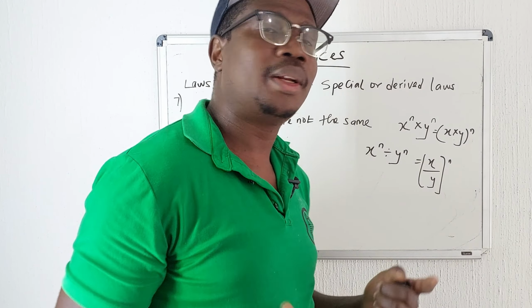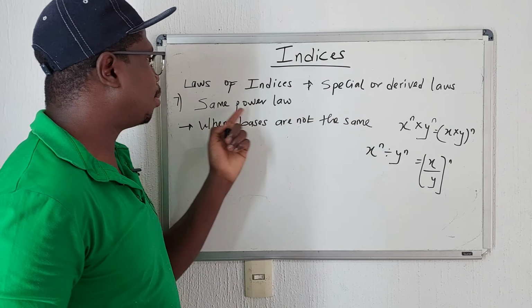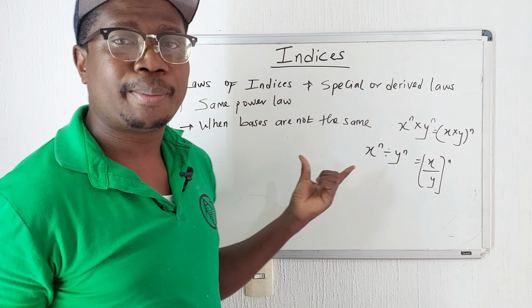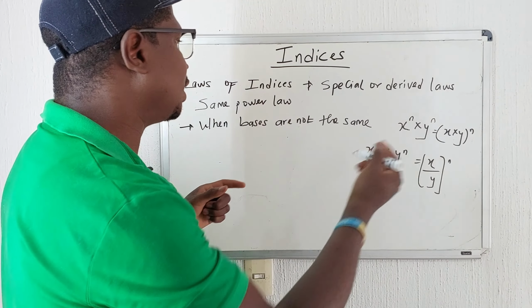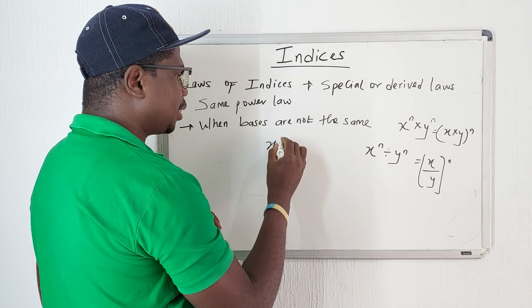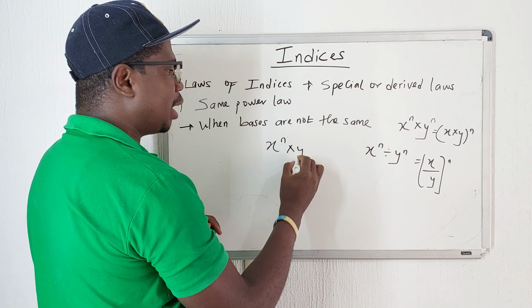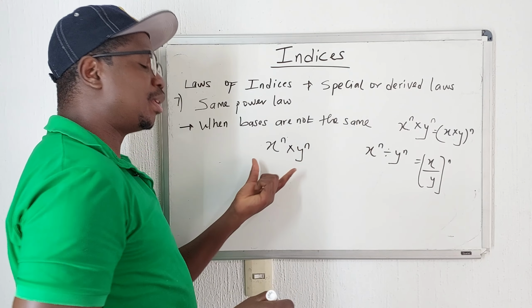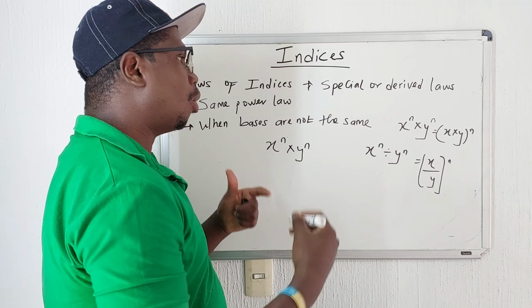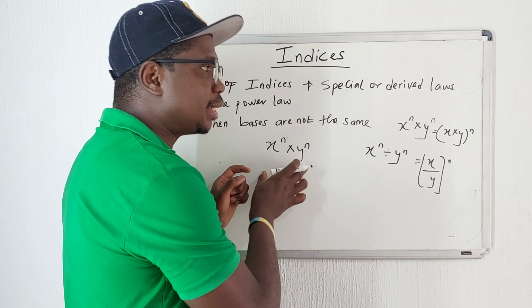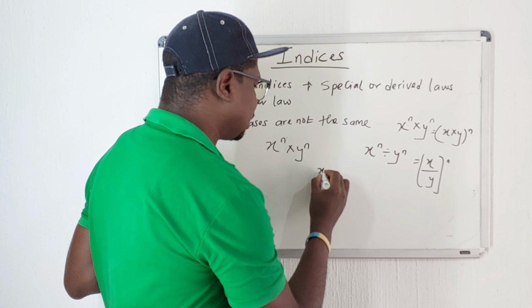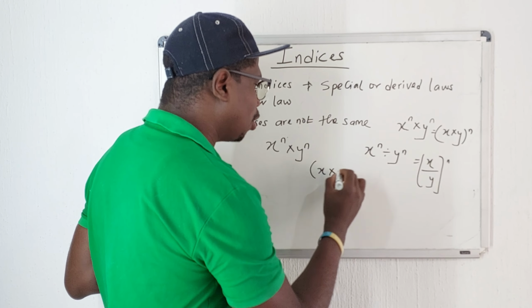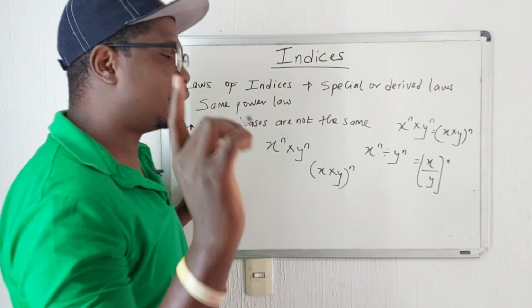Now, the last law, which is called the same power law, applies when the bases are not the same. For example, we have x^n multiplied by y^n. The bases are not the same, but the powers are the same. What do we do? We multiply the bases and take one power. So we have x multiplied by y, we combine it and take one power.